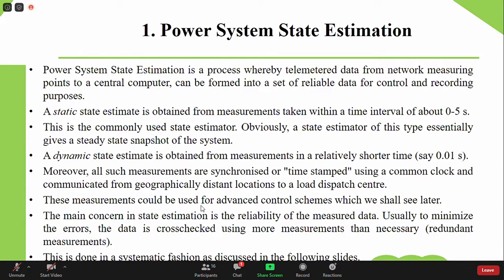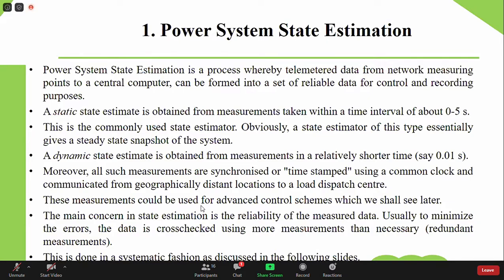If everything is normal, then you can say it is in the normal state, and there is no need for any control measure. But if, based on that data, it comes out to be the emergency state, then what control measure do you have to take? That control measure we have to perform, which we will learn in a later lecture.